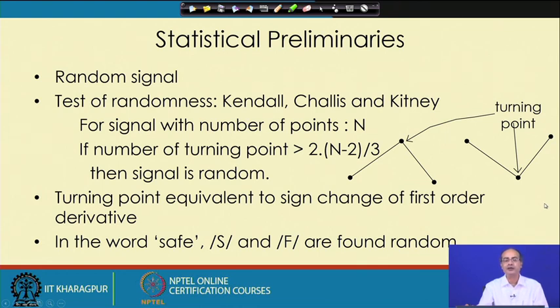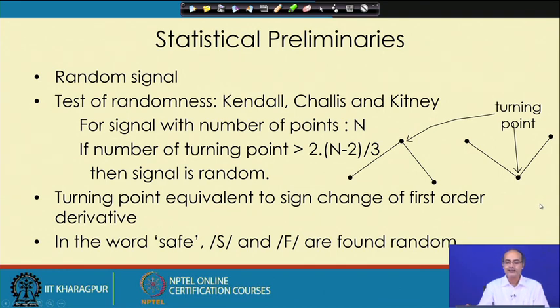The broad definition of a random signal could be that if the signal cannot be predicted beforehand or governed by a rule, we call it a random signal. But given a signal, how can it be tested whether it is a random signal or a deterministic one, especially when there is no particular shape of the signal?